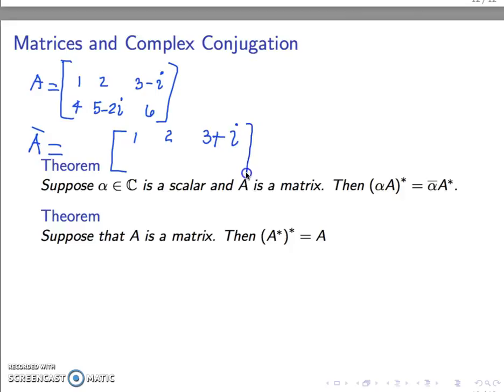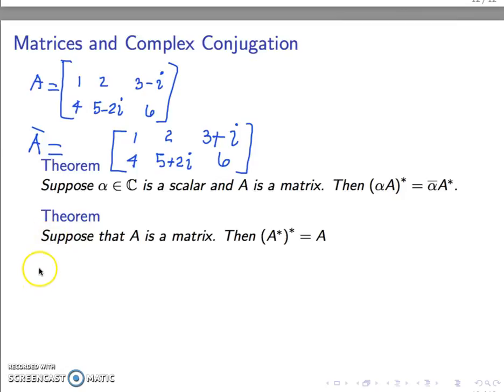So these are the complex conjugates of the numbers in row 1 of the matrix A. And now, taking the conjugates of the numbers in the second row, we have 4 and 5 plus 2i and 6. So this is the conjugate of A, as a matrix operator.